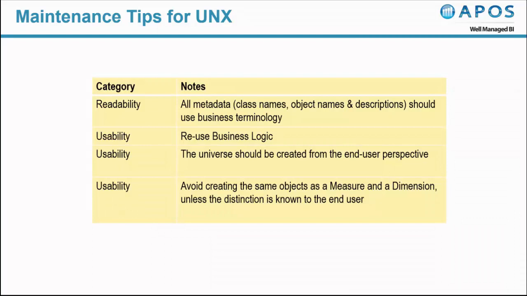But as a designer, sometimes you're caught up in your world and you're utilizing database names and database things that make sense to you as a DBA, et cetera, that aren't going to help the end users. Whereas if we use everything in business terminology that the end users, the consumers of these reports, are going to understand, of course, that's going to make it much, much easier for them.